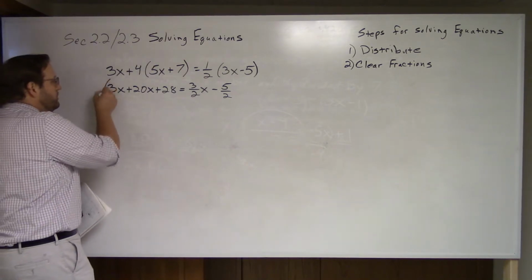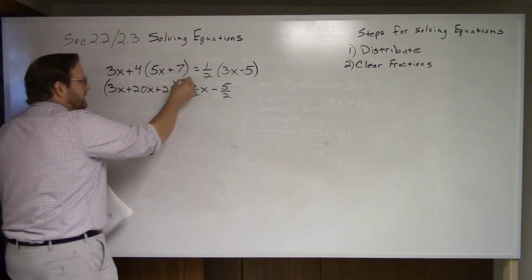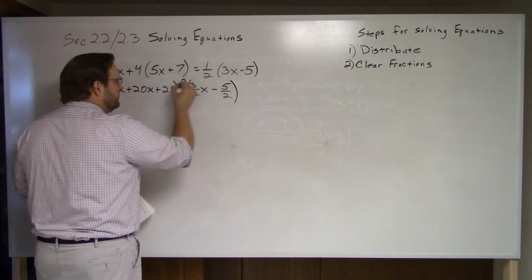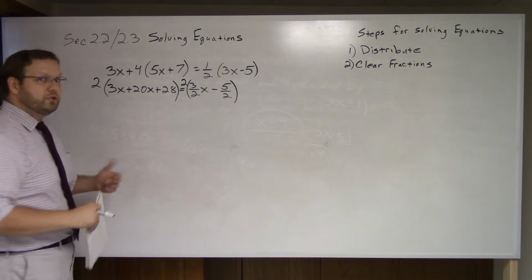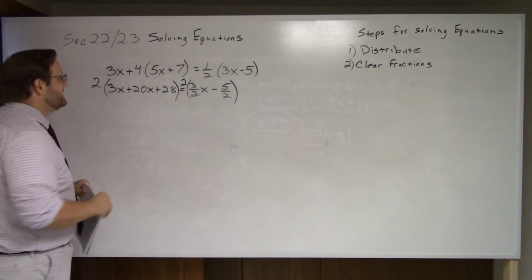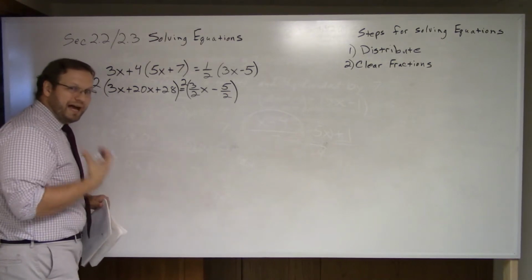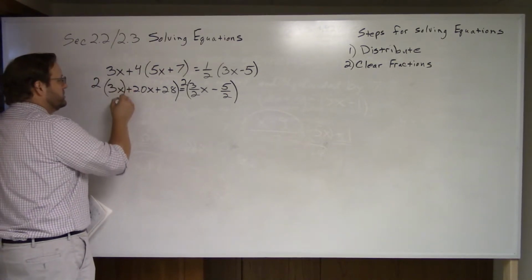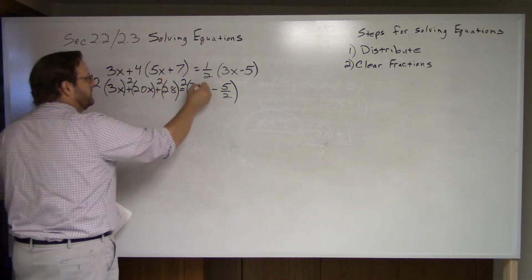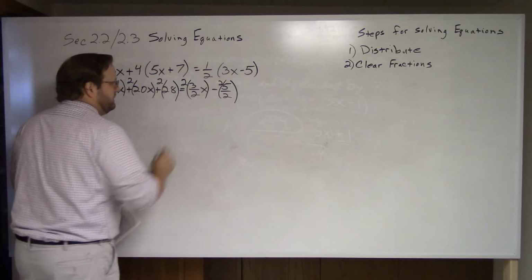Now, when I multiply this side and this side, both by that common denominator of 2, what would I do with that? I would distribute it eventually, wouldn't I? So instead of showing that distribution, what I personally like to do is just jump right into multiplying every term by the LCD. Okay?